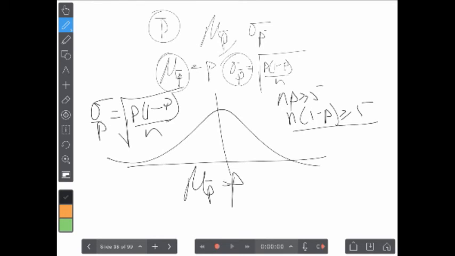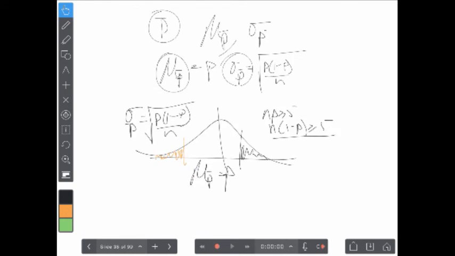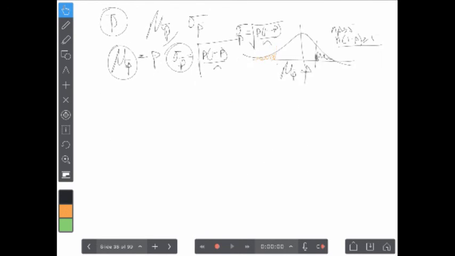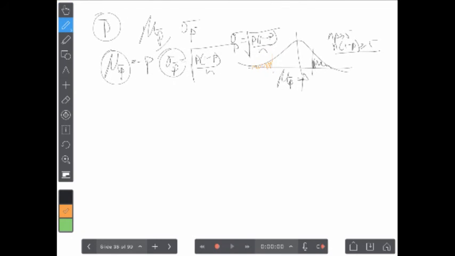Once we have that, if we're interested in finding probabilities under the curve, we need to calculate our Z value and go to the table. What's the formula for the Z value? All the Z values have the same basic structure: Z is equal to the sampling error, P bar minus P, divided by the standard error.